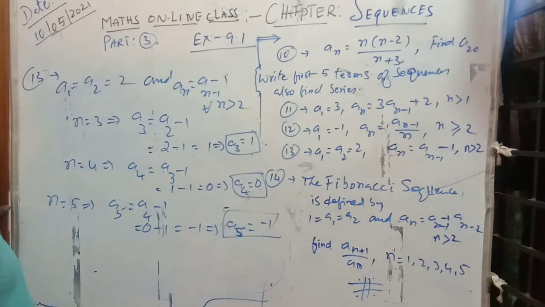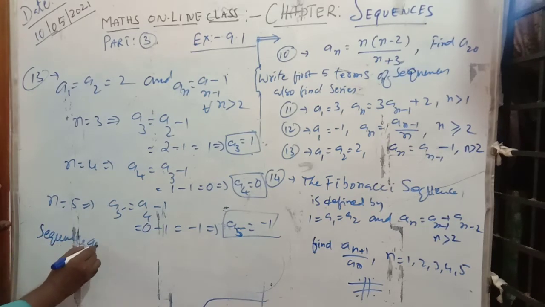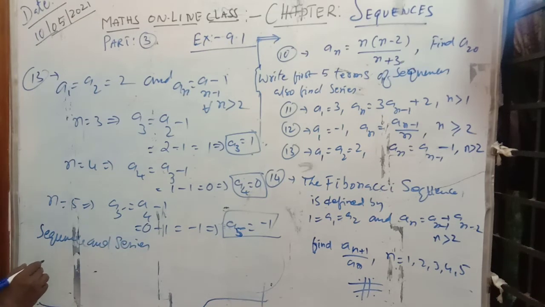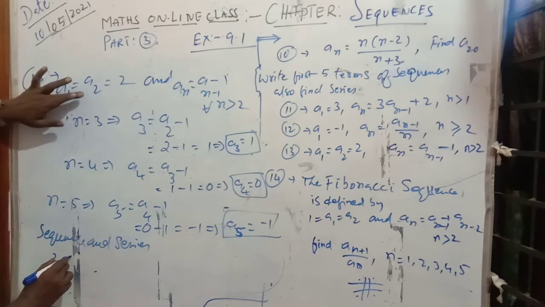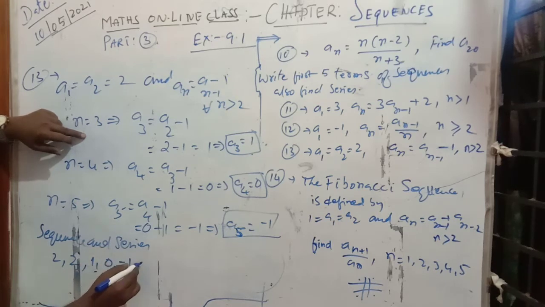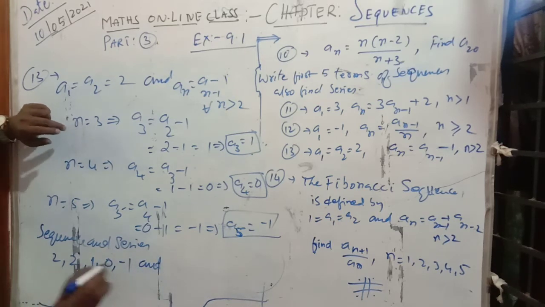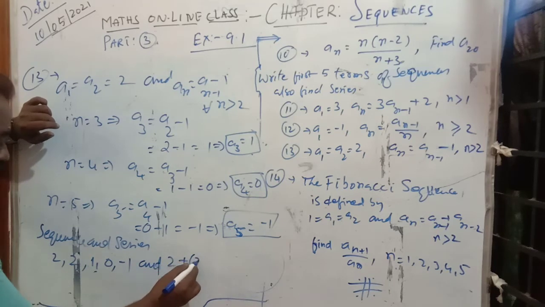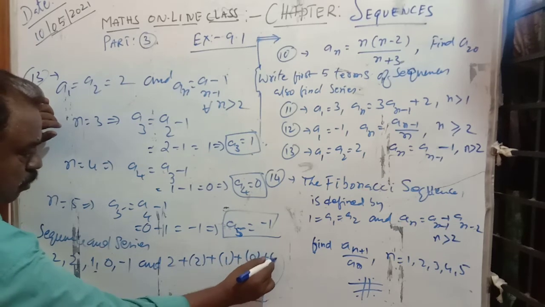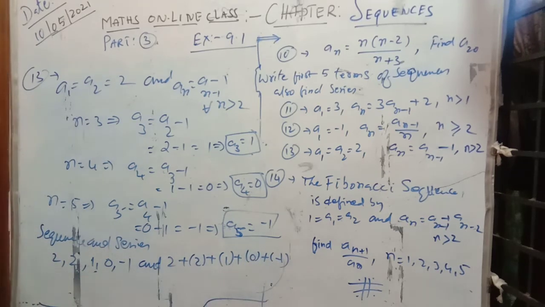Okay, now? So we have the sequence and the series. You see then? Sequence is A1 is 2, again A2 is 2, A3 is 1, A4 is 0, comma minus 1. And the series is 2 plus 2 plus 1 plus 0 plus minus 1.